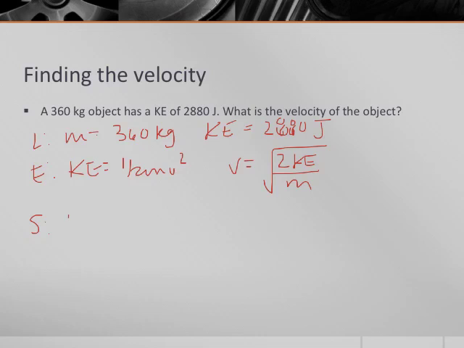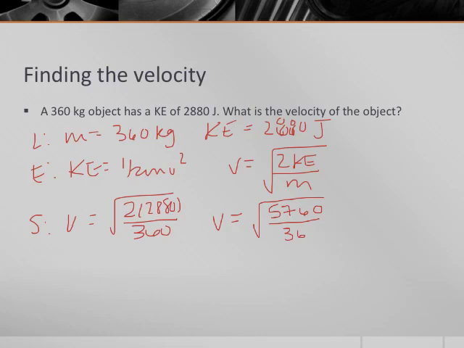So v is equal to the square root of 2 times 2,880 over 360, which becomes 5,760 divided by 360, which simplifies to the square root of 16, which is a perfect square. Hopefully you can say your final answer is 4, and your units are meters per second.